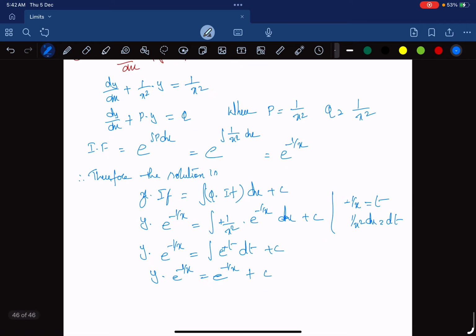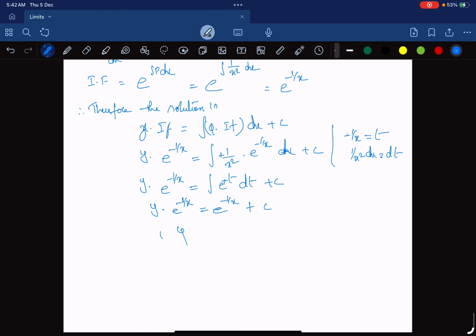From this, y is equal to e power minus 1 by x by e power minus 1 by x plus c by e power minus 1 by x. So y is equal to 1 plus c into e power 1 by x. This is the solution of the given differential equation.